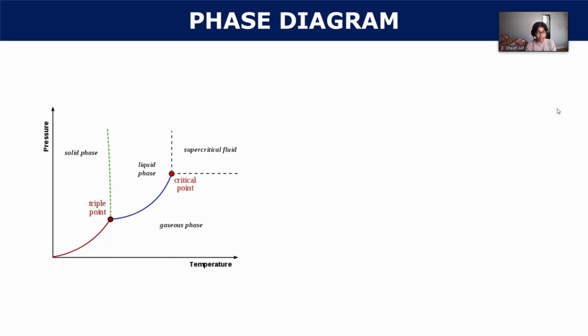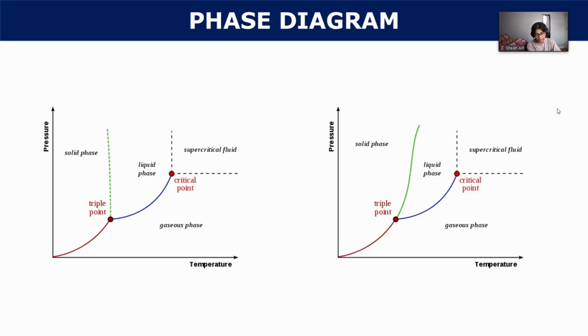What a normal phase diagram looks like for most substances is something like this. So you have a positive slope, if you will, here, but in water you have a negative slope. And that negative slope is because solid water is less dense than liquid water.